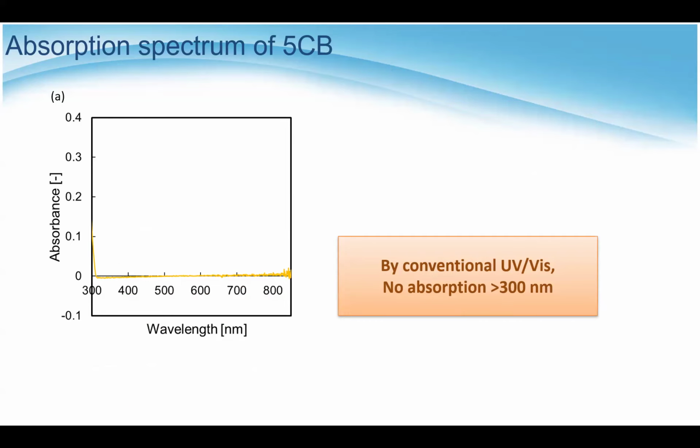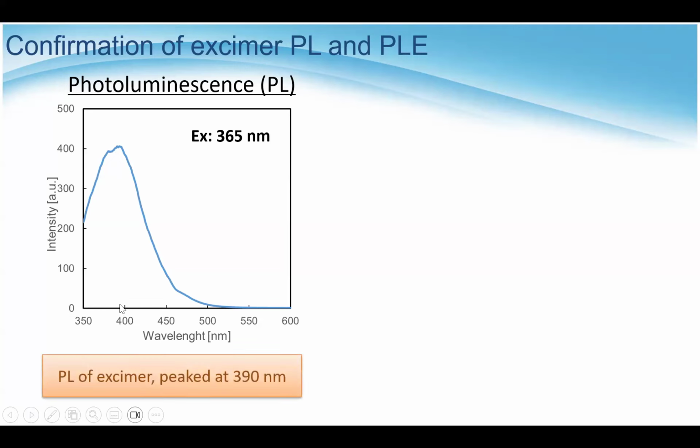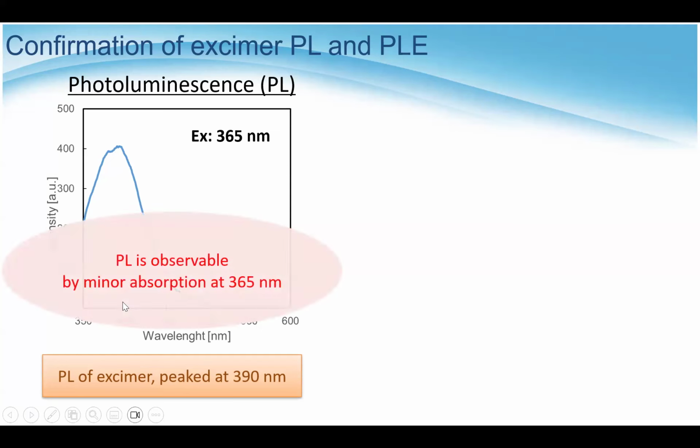Of course, maybe it's the detection limit. But looking at the photoluminescence under excitation at 365 nanometer, obviously there's a peak at 390 nanometer. So PL is observable even with minor absorption at 365 nanometer.